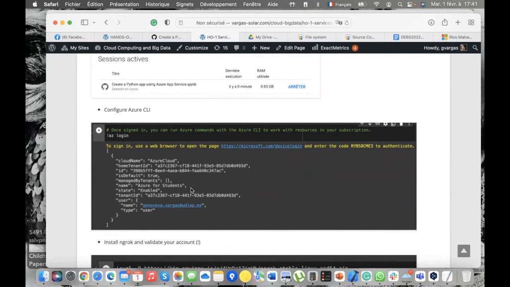So in fact, we were opening this kind of tunnel so that at some points we were working on Azure, and other times we were executing on Google Cloud. This is a kind of tricky thing, and since we are engineers, this is a great thing to do in a very easy way.